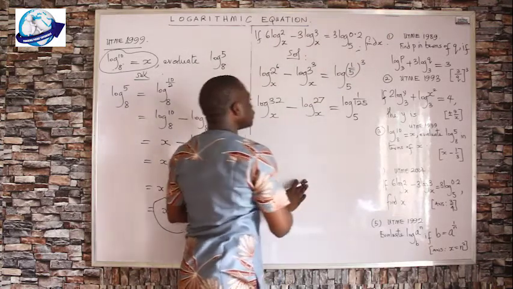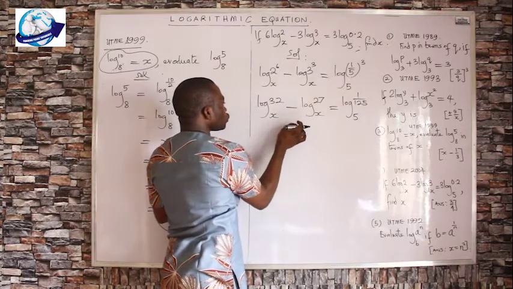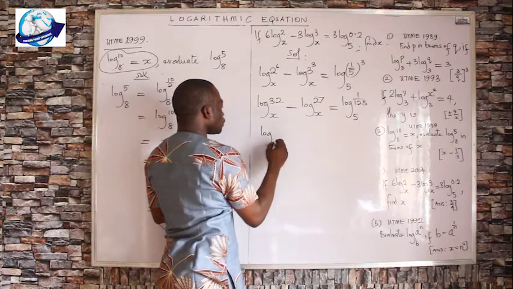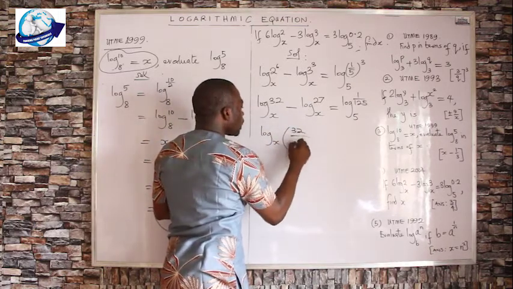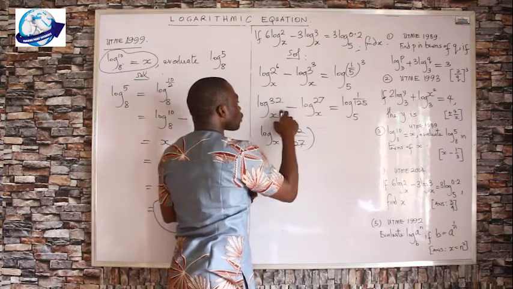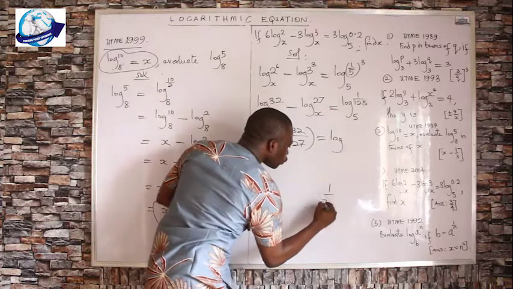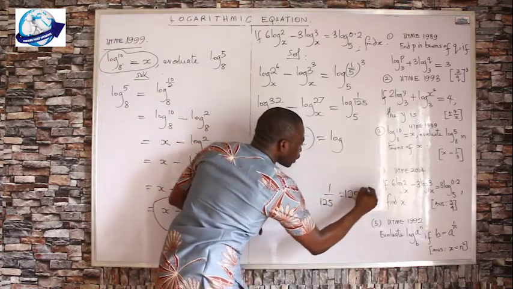Base 5. So at this junction, we can now express this finally to say these two can be joined together, right? So log x here, of course. Because of the subtraction, you divide. 32 divided by 27 is equal to log. Now, understand 1/125 is the same thing as saying 125 raised to the power minus 1.